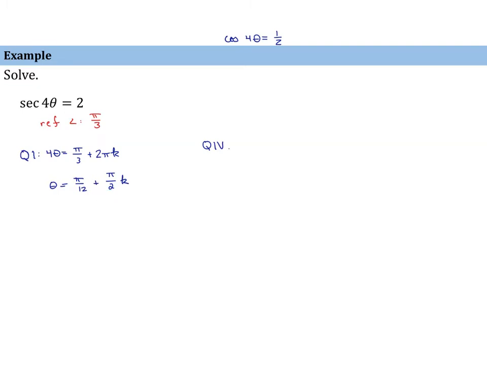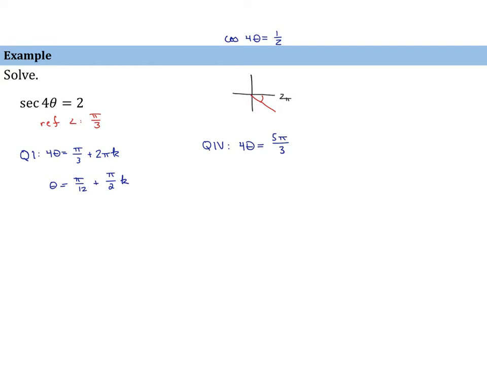Now, as we look at our quadrant 4 angle, 4 theta would equal, now pi over 3 represented in the fourth quadrant would be 5 pi over 3. In case you're still having difficulty thinking through that, I am looking at 2 pi and I'm backing up pi over 3.